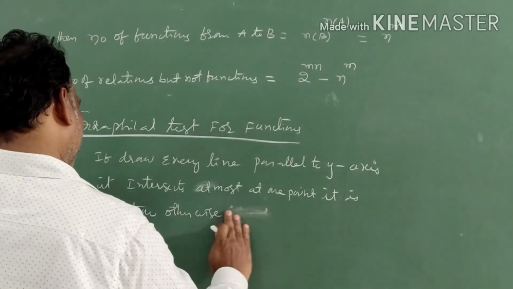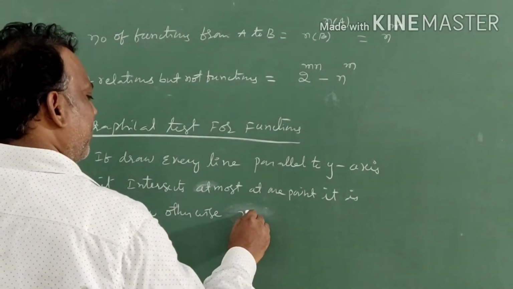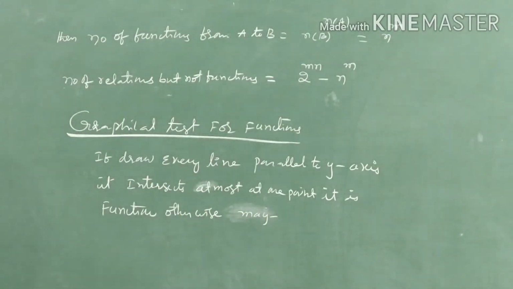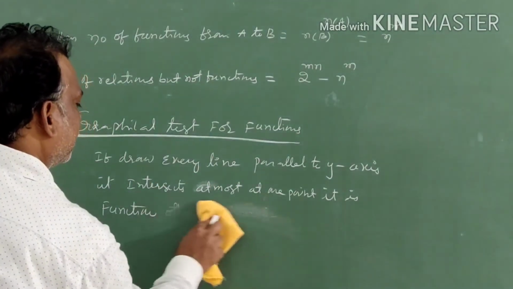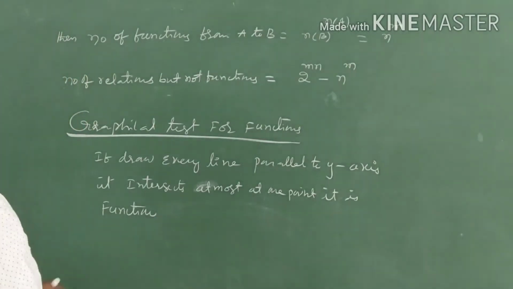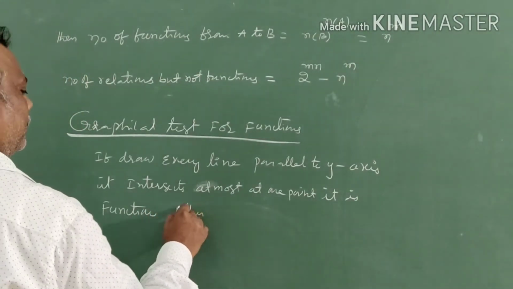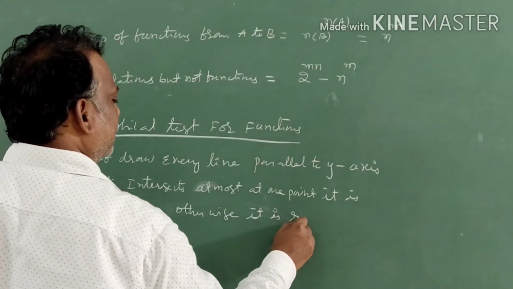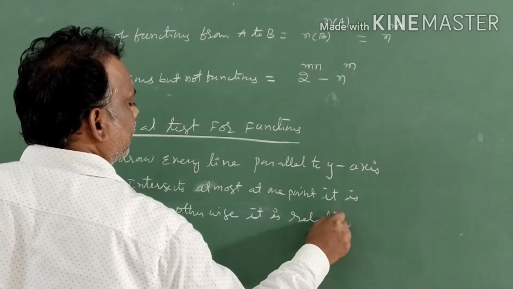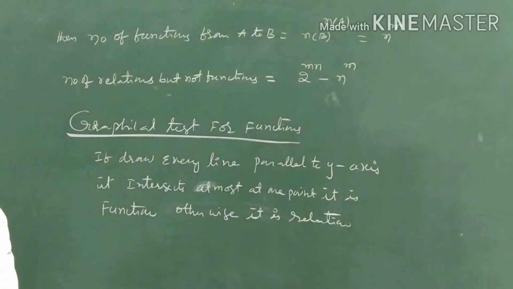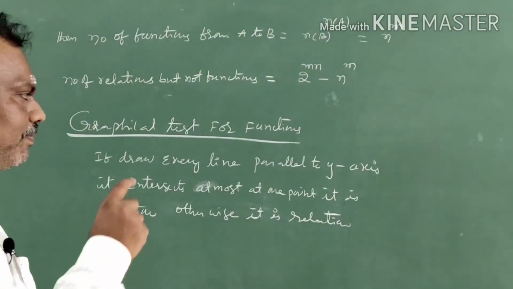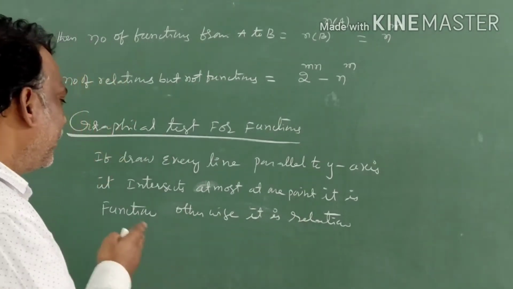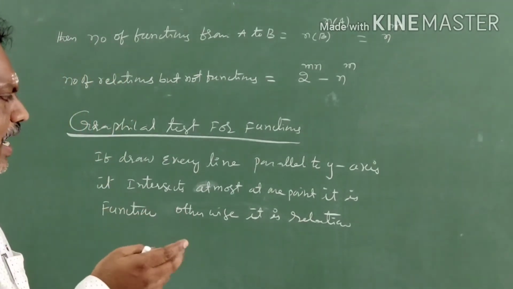Otherwise it is a relation. See students, if we draw every line parallel to the y-axis, that means a vertical line, it intersects at most at one point.